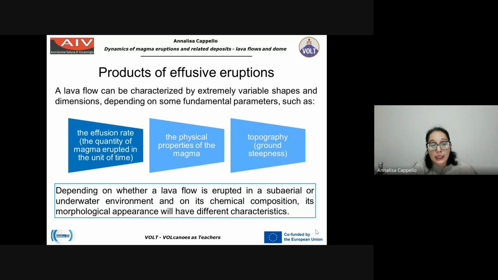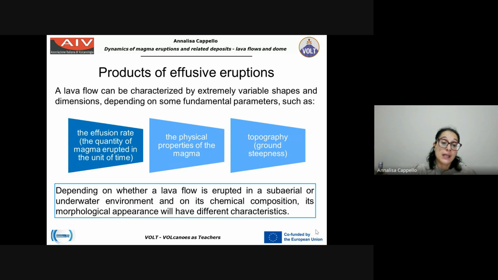A lava flow can be characterized by extremely variable shapes and dimensions, which mainly depend on these parameters: the effusion rate, which is the quantity of magma erupted in the unit of time, the physical properties of the magma, and the topography, which represents the ground steepness.